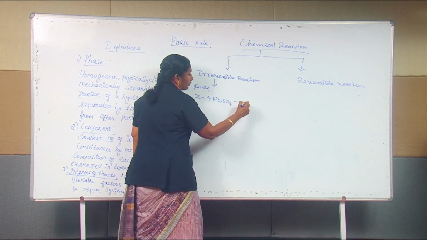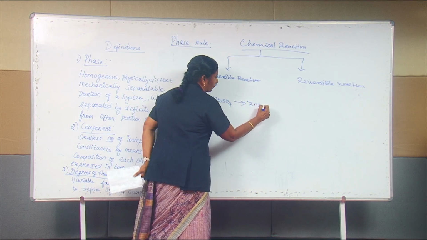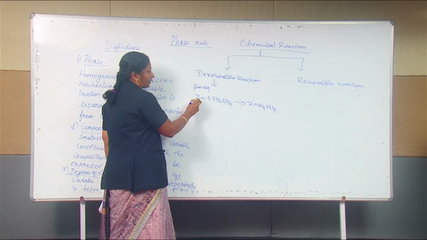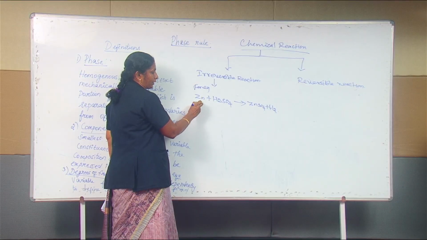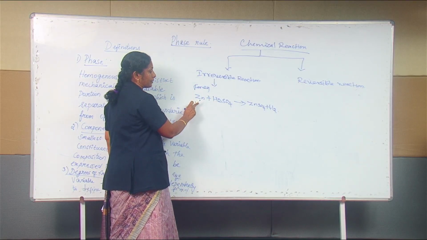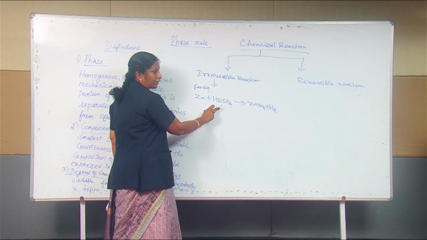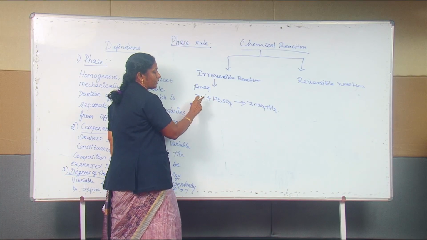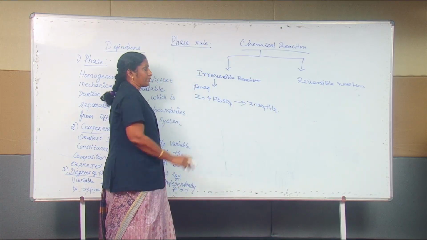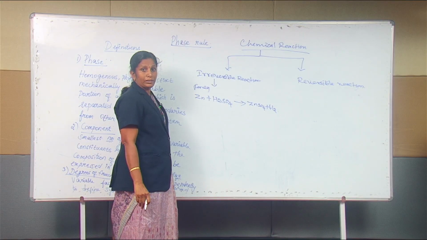Now we get zinc sulfate plus H2. Here in this reaction, the reactants react and we get the products. Zinc is a reactant and H2SO4 is another reactant. These two reactants react and we get zinc sulfate plus H2. This is an example of an irreversible reaction.